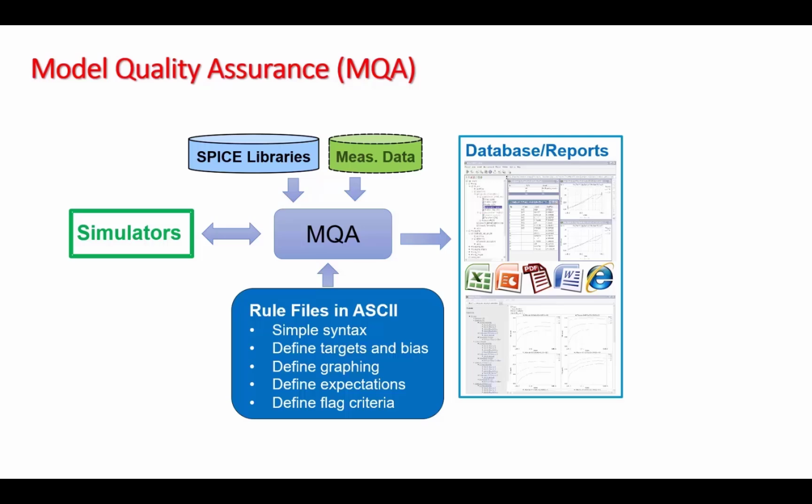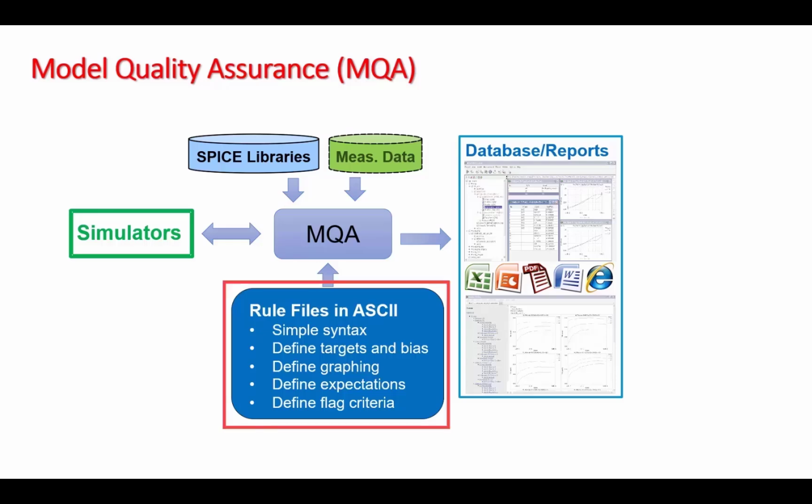MQA framework is very simple. First of all, we need to call a simulator to run simulations. MQA supports most of the commercial simulators like ADS, HSpice, Spectre. The input files include only the model library file, the MQA rule file, and, depending on whether you need to run an accuracy check, you can include the data file or not. The core part of MQA is the rule file.